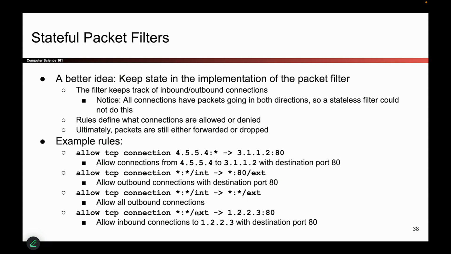And so I won't go through all the examples, but the last one would be anybody from the outside to this internal host, but only destination port 80. So you might decide, if you're Google, for example, that the web server that's being used to process search requests, maybe that's 1.2.2.3, port 80, that's allowed for anybody outside to contact.